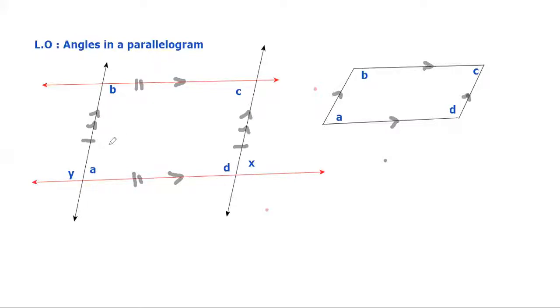Seeing that this is parallel to this and this is parallel to this, and they are joined at the corner, is enough to tell you that it is a parallelogram.